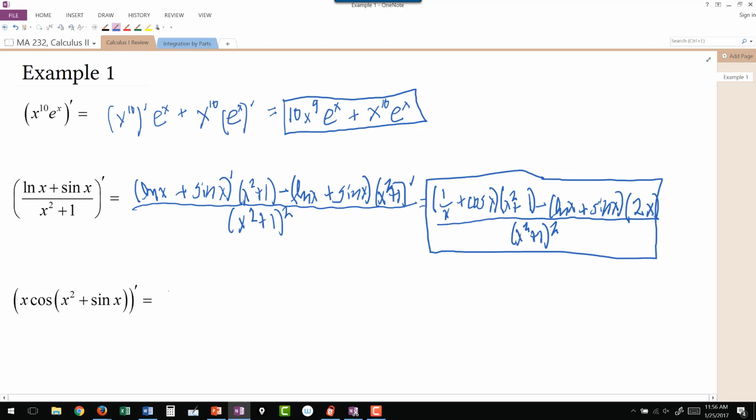Finally, we have an application of the chain rule, although it's actually got both the product rule and the chain rule in it. So we're finding the derivative of x times the cosine of x squared plus sine x. First is the product rule, the derivative of the first times the second plus the first times the derivative of the second.